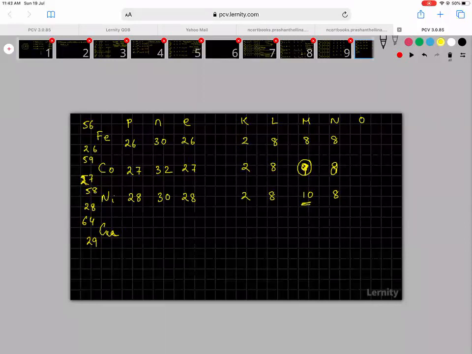Now copper is 29 protons, 35 neutrons, 29 electrons. So it is 2, 8, 11, and 8. And as we keep increasing, we don't add the final electron to the last shell, but we add it to the last but one shell.